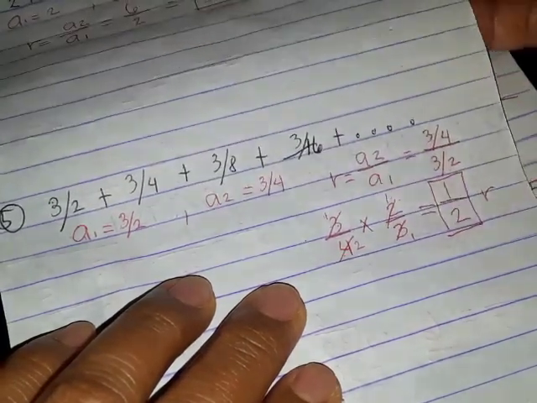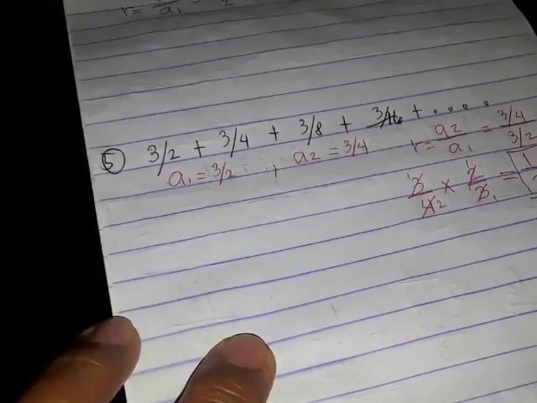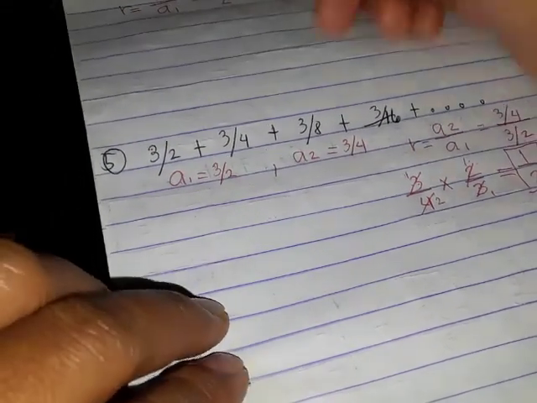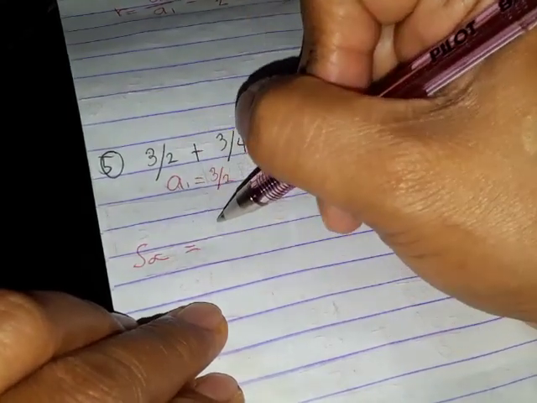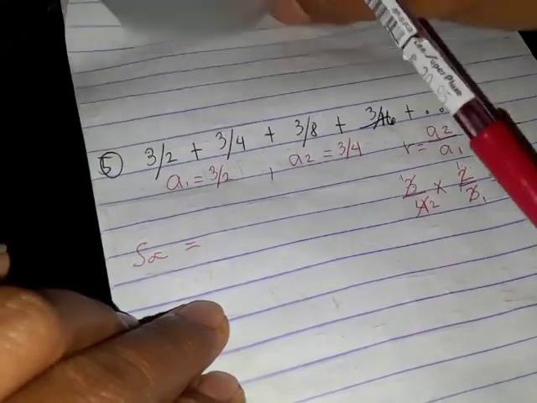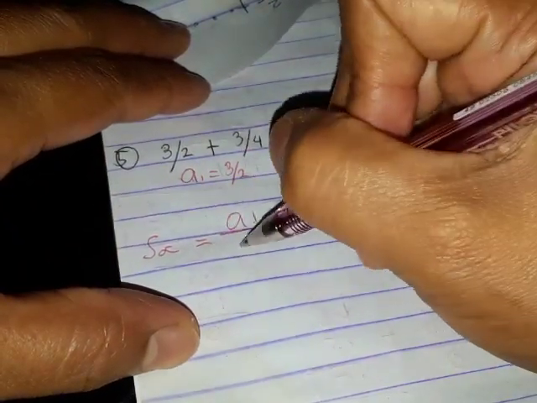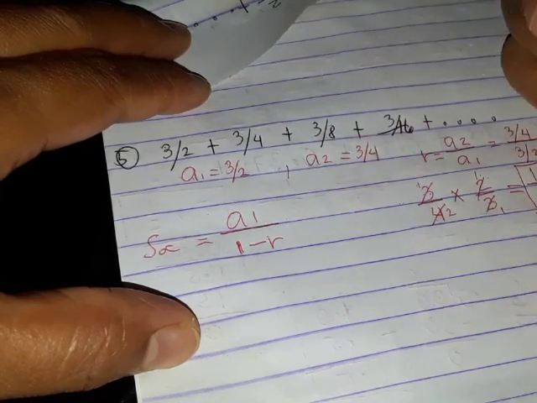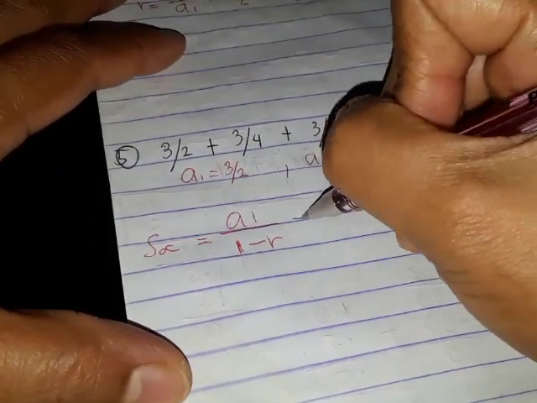Okay? So, since meron na tayong A1 and R, proceed na tayo sa ating formula, which is S infinity is equal to A1 all over 1 minus R. Okay? Next, substitute.